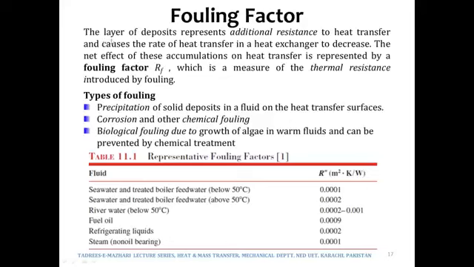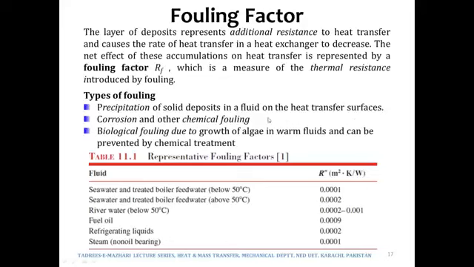Let's see over here, it says the layer of deposits represents additional resistance to heat transfer and causes the rate of heat transfer in a heat exchanger to decrease. Of course, this is what I was just telling you. Now, why does fouling happen? There are different types of fouling. One is precipitation of solid deposits in a fluid on heat transfer surfaces.